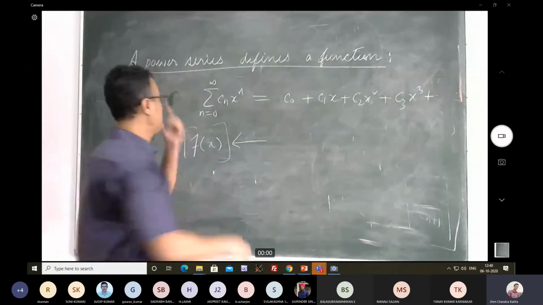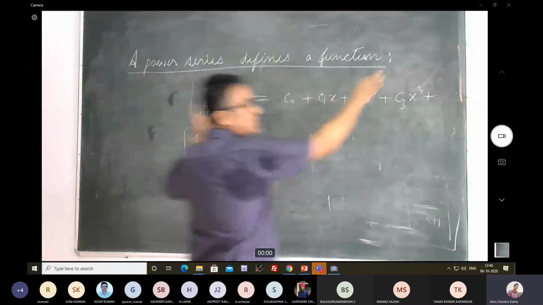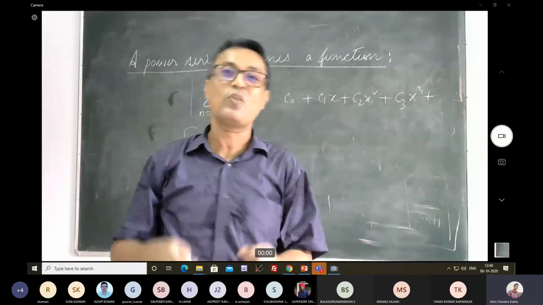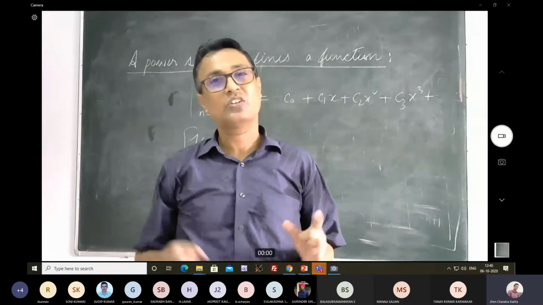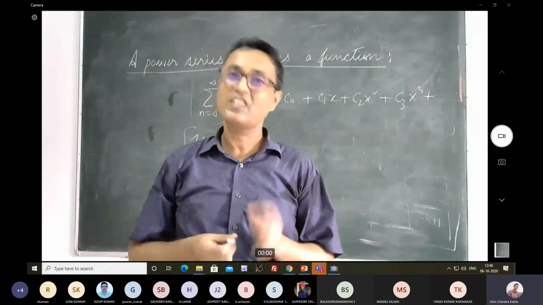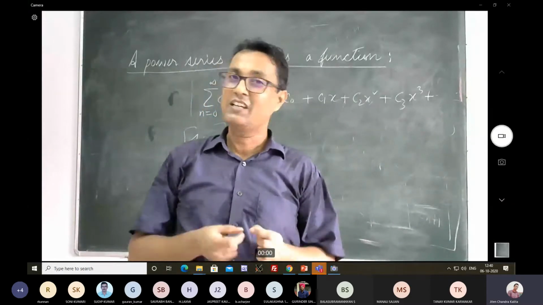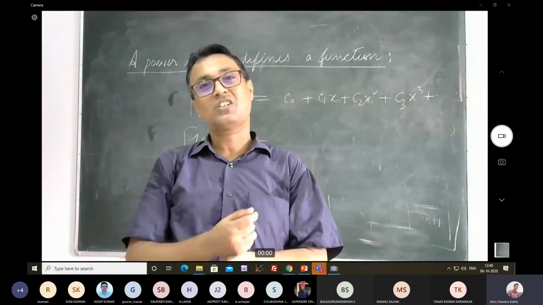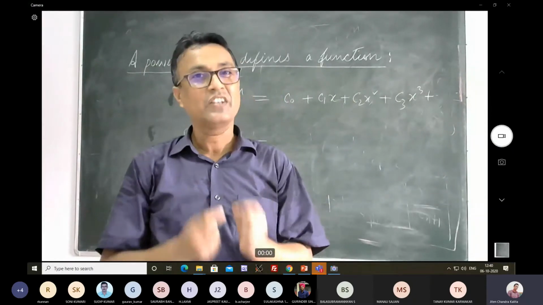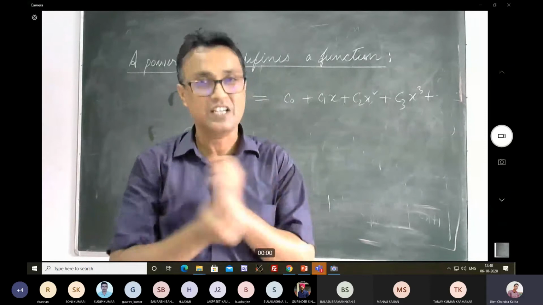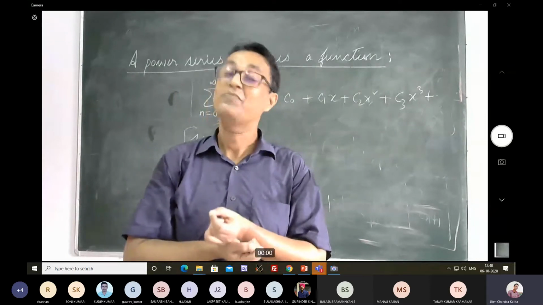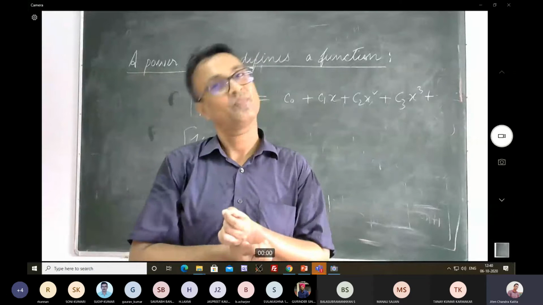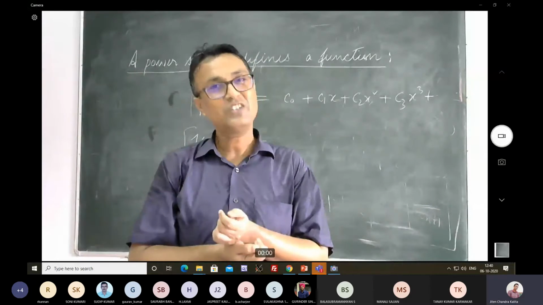And this series, whether it exists or not, depends on convergence. The series can exist, but if the series acting as a function is to exist, then it must exist finitely. That means it must exist as a convergent series. You got my point, right?